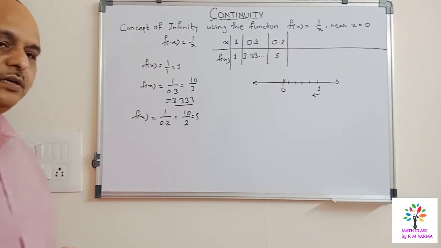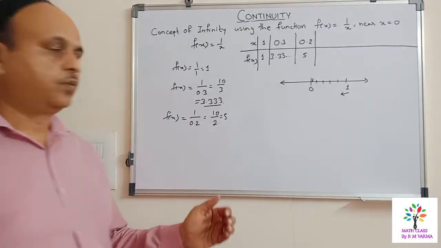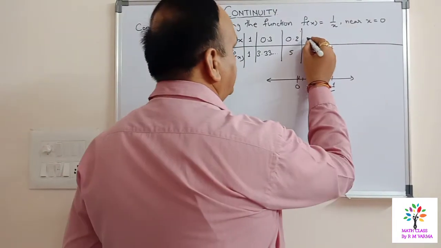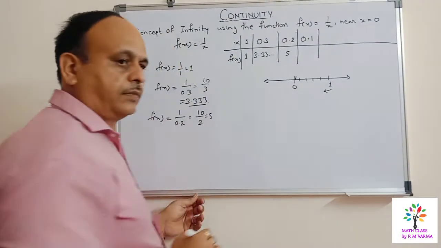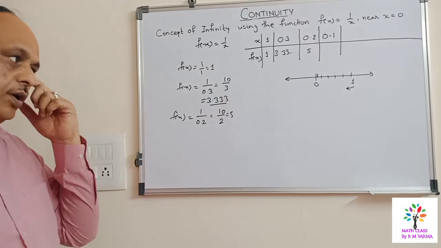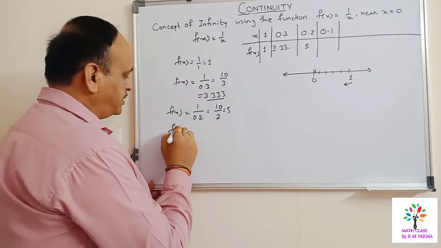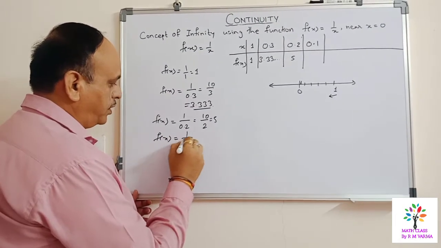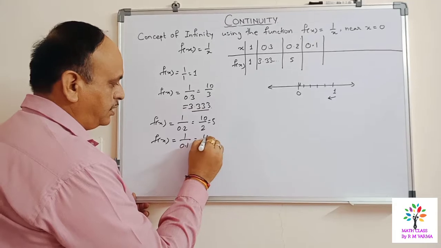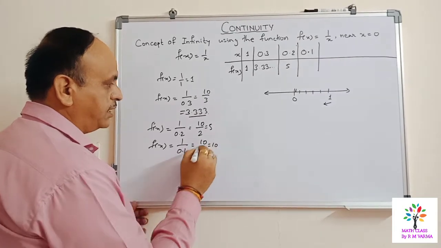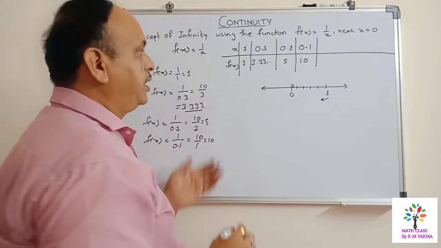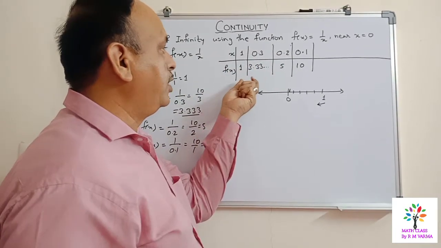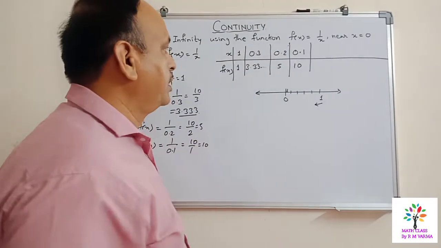Next value I take very near to 0, say 0.1. If I take 0.1, f(x) equals 1/0.1, that is 10/1, which means 10. I get 10. So when I am going very near to 0, my value is increasing, as you can see.